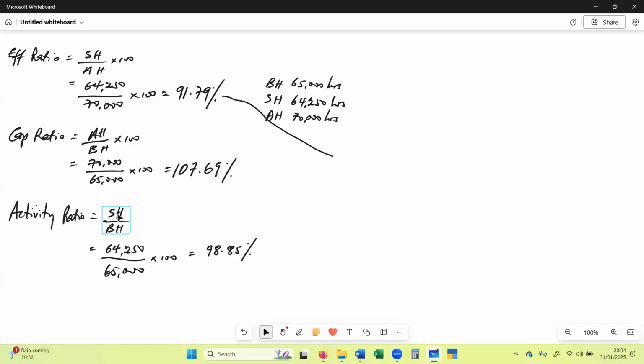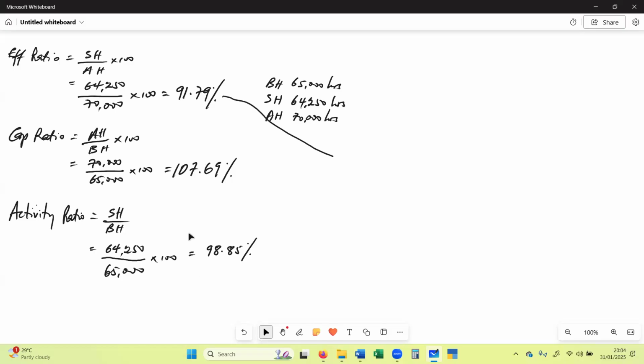But the standard hours is based on actual output, and the budgeted is based on budgeted output. So about 98% was based on actual.